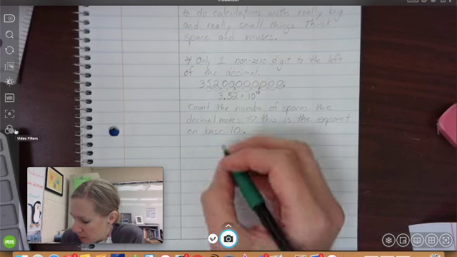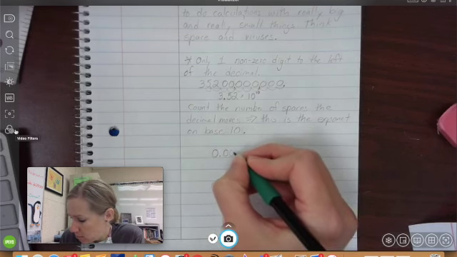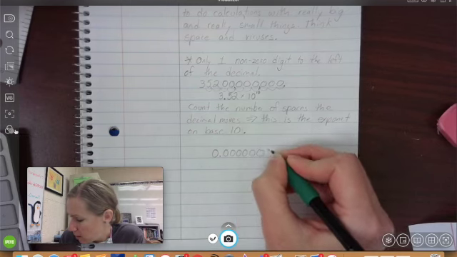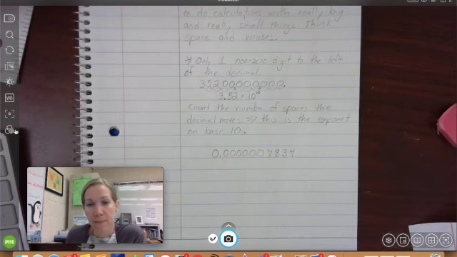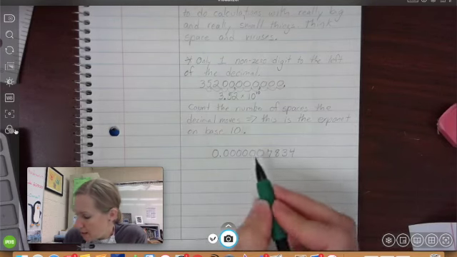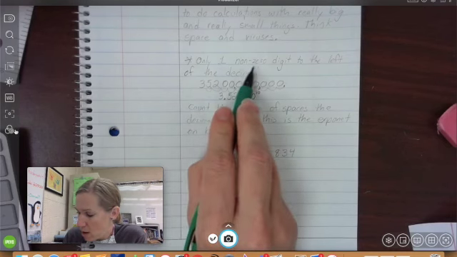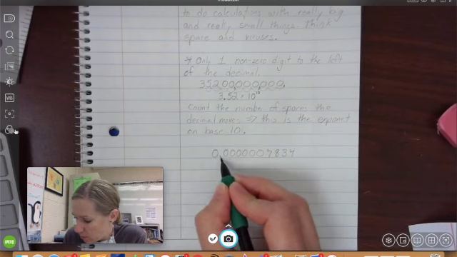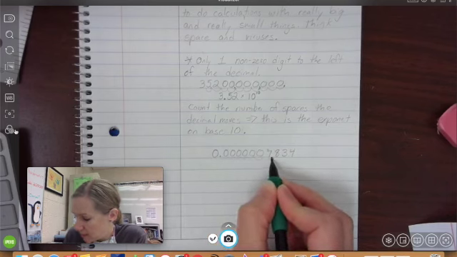Now, a really, really tiny number would be something like 0. 7, 8, 3, 4. Now, once again, we need only one non-zero digit to the left of the decimal. So that's 0, that's not going to work. So 1, 2, 3, 4, 5, 6, 7.